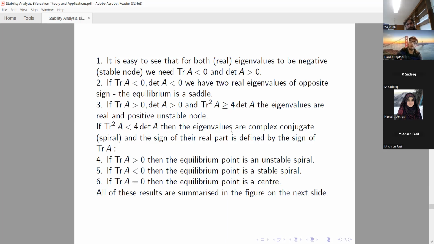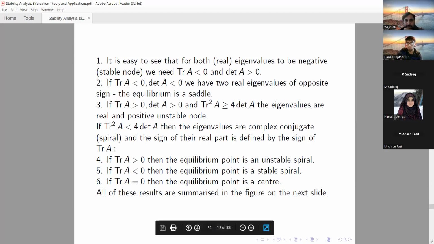Then eigenvalues are real and positive: unstable node. So therefore, if we have a negative discriminant, then we have complex eigenvalues and a spiral, and the sign of the real part is determined by the sign of the trace. If trace is greater than 0, unstable spiral, less than 0, stable spiral, and if it's equal to 0, the point is a center.